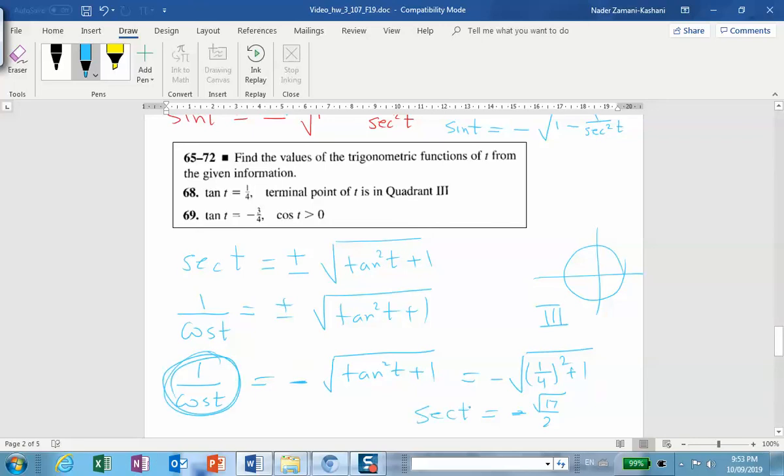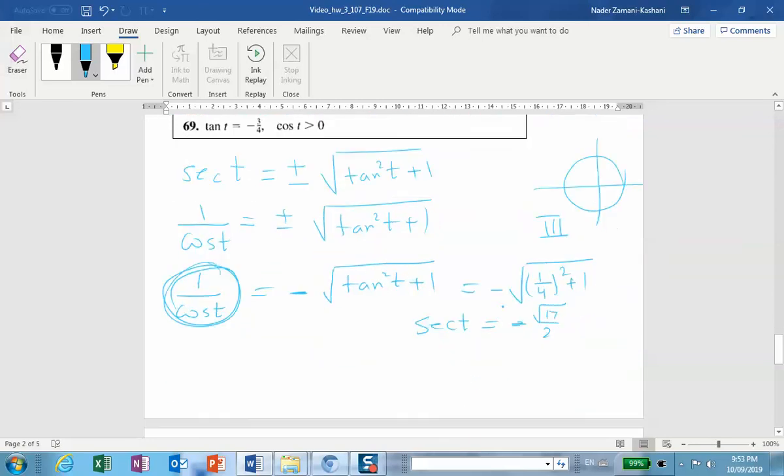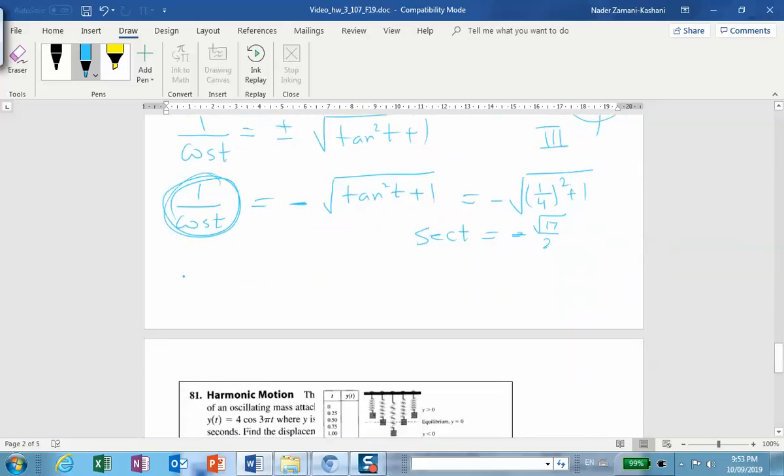So we found the secant. If you found the secant, you have your cosine, right? Cosine of t is 1 over secant of t, and therefore minus 2 over root of 17.